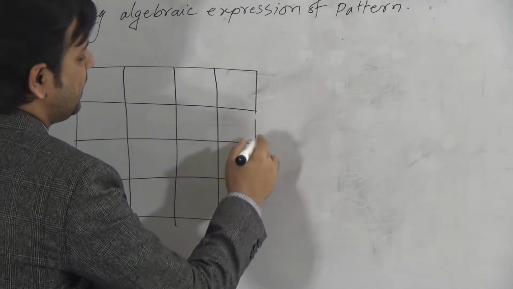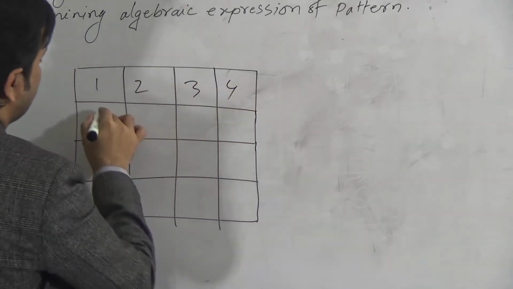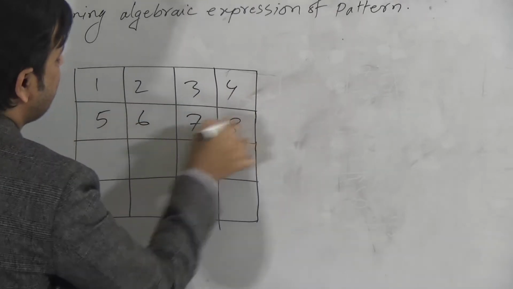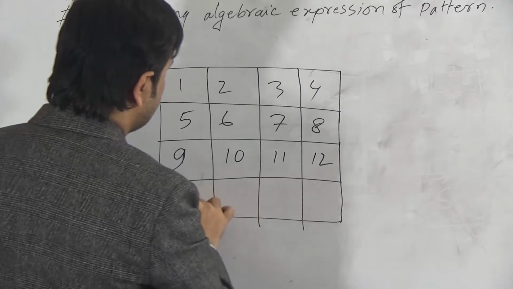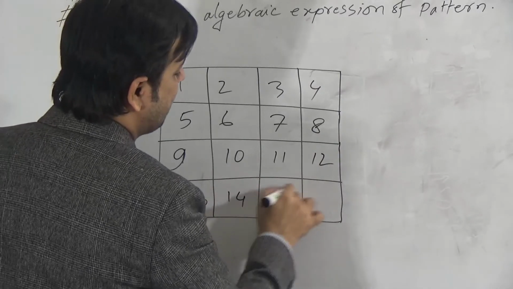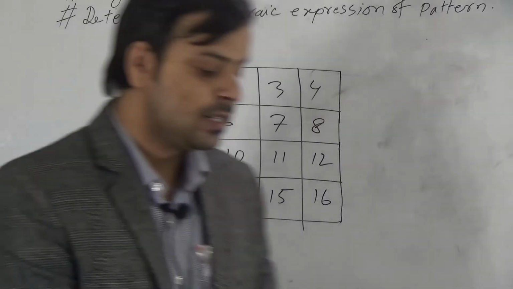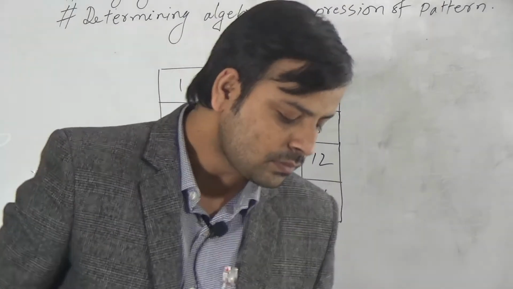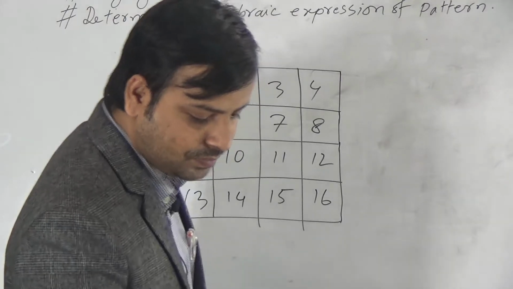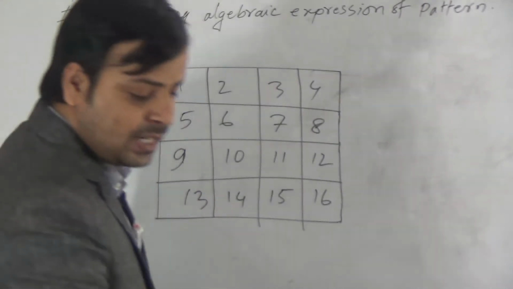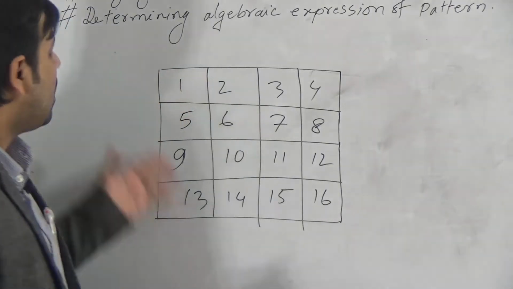So we have to arrange here how many numbers? 1, 2, 3, 4, 5, 6, 7, 8, 9, 10, 11, 12, 13, 14, 15, 16. Okay, dear students. So now I'll arrange.